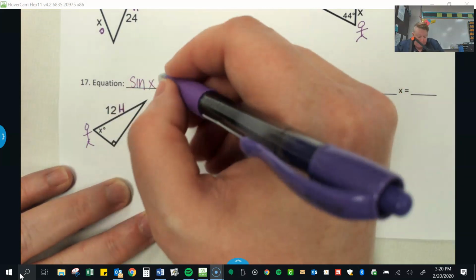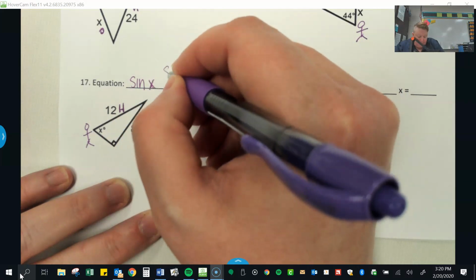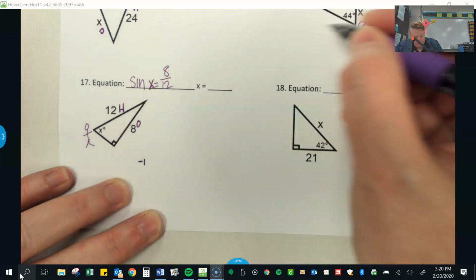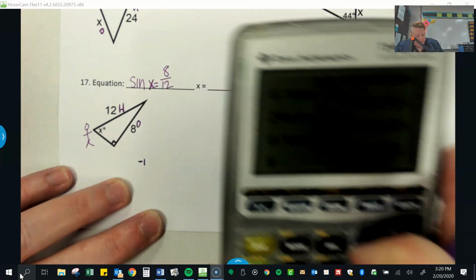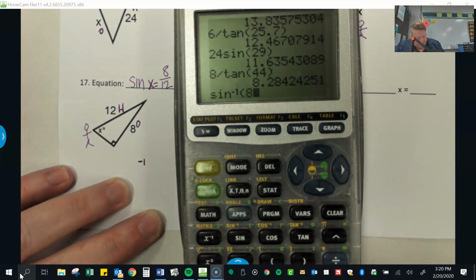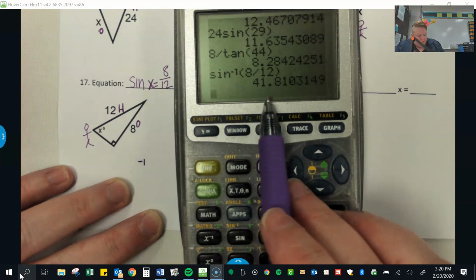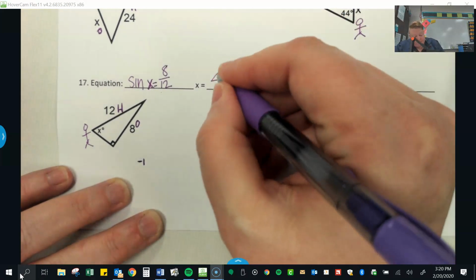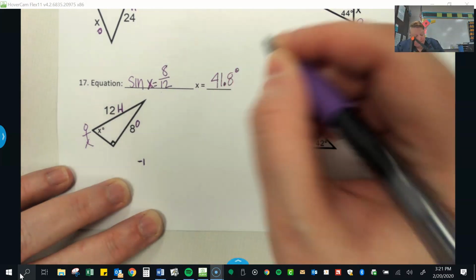So the sine of the angle, which is x, is the opposite over the hypotenuse. So in my calculator, I'm going to say inverse sine of 8 divided by 12. And that gives me 41.81. The 1 does nothing to the 8, so it stays as 41.8 degrees.